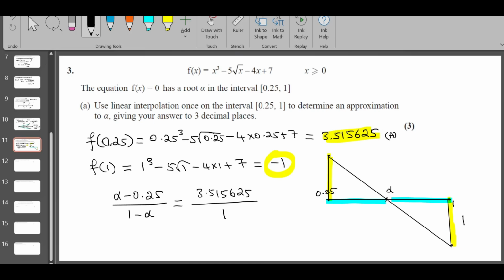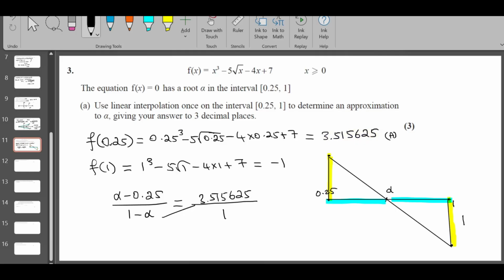I want to explain one more thing here. Let's say here you have so many decimals. Instead of writing dot dot dot, you can also write it as f of 0.25. You can continue with this and finally sub in the value of f of 0.25. But in this case, it has only a few decimals, so I'm going to write the actual value, 3.515625.